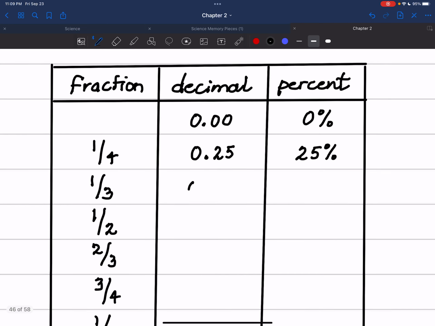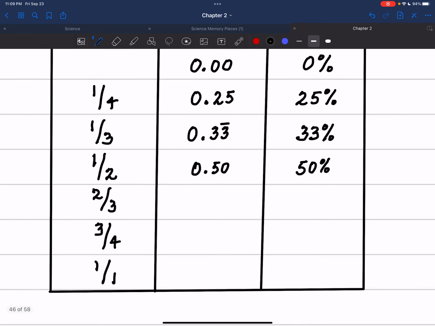1/3, the decimal is 0.33, that repeats forever. So the percentage is about 33%. 1/2, half of a dollar is 50 cents. That's 50%. 2/3 is going to be 0.66 repeating.